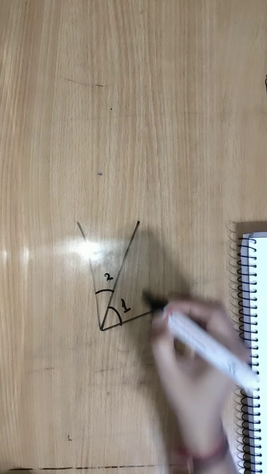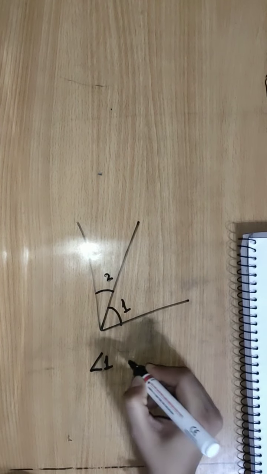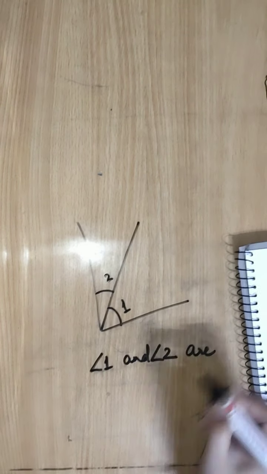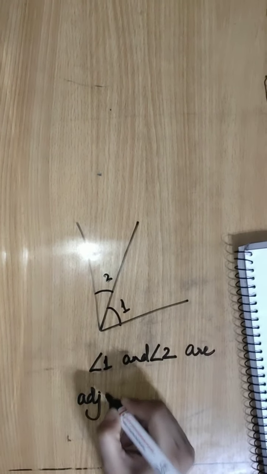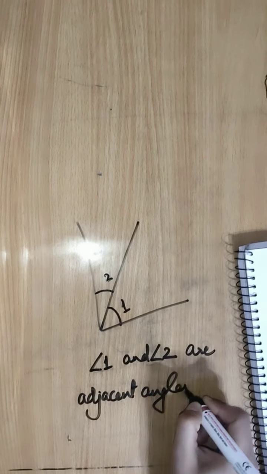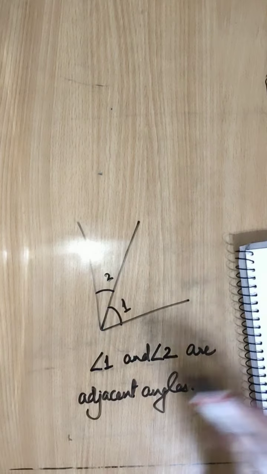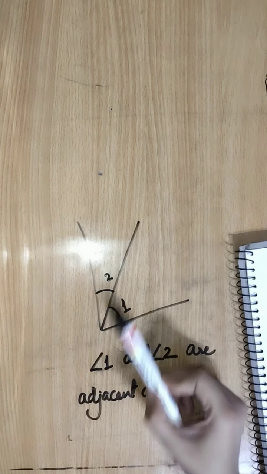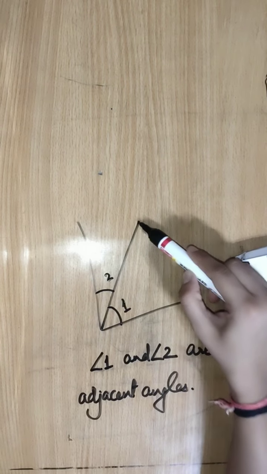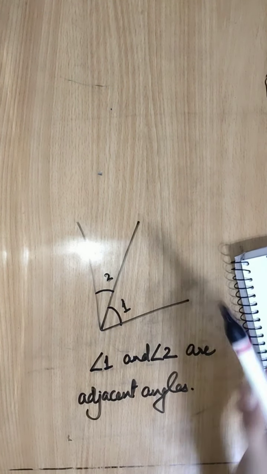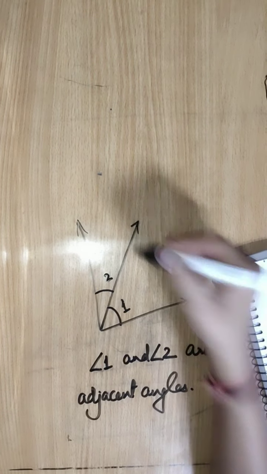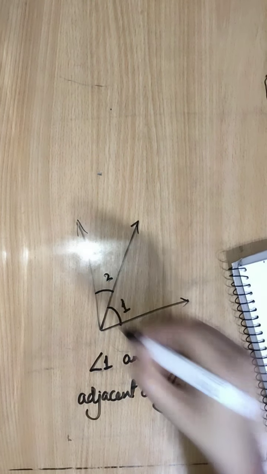So angle 1 and angle 2 are adjacent angles as they are placed next to each other. They are sharing a common arm. One ray is not common in each of the angles and one ray is common between the angles.